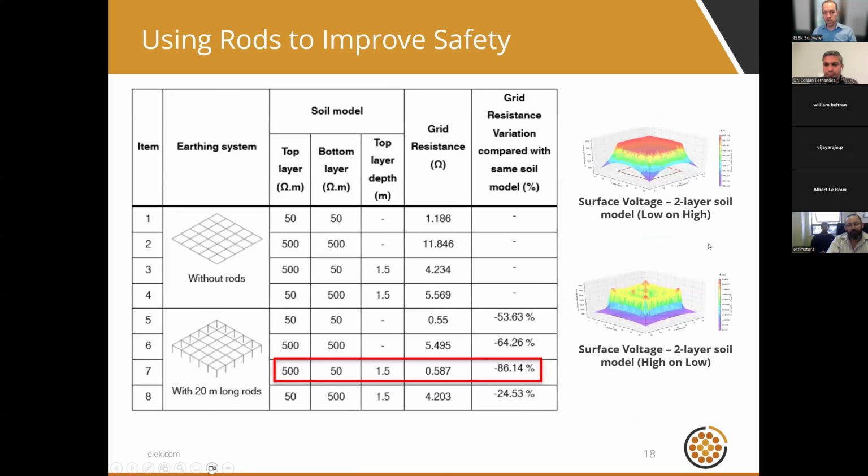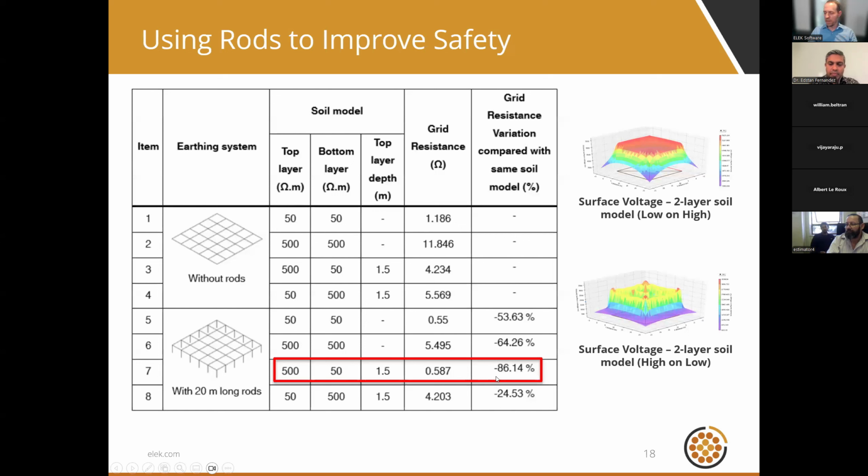We can also use rods to improve safety, and what this table shows, with a simple soil model, is that we're dealing with uniform soil or two-layer soils in this example.